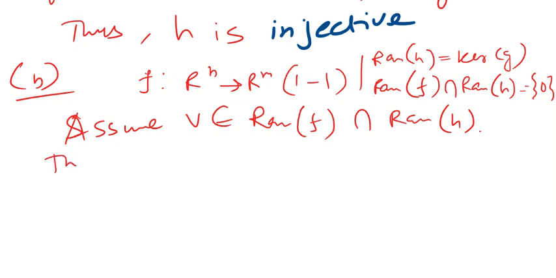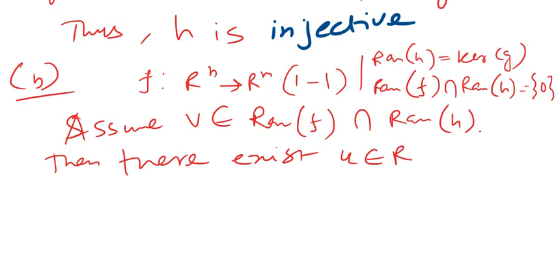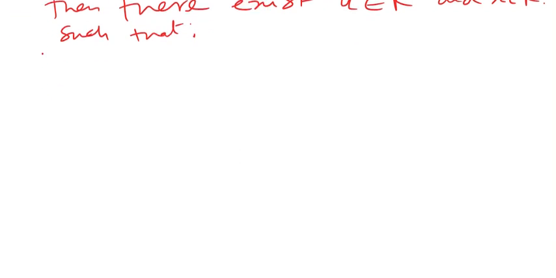Then there exists u belongs to R to the power n and x belongs to R to the power p, such that v equals f of u equals h of x.